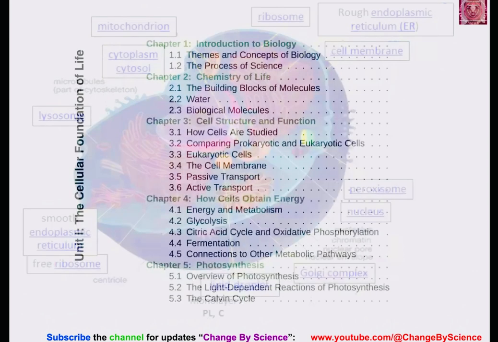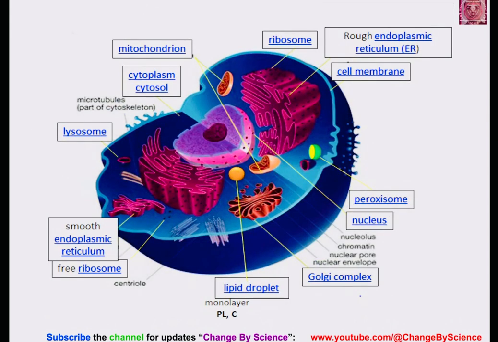Now, if you think about the first unit, then you need to go for introduction to biology, chemistry of life, cell structure and function, how cells obtain energy, photosynthesis, and then you need to understand the cells. For example, what are the cellular organelles, their different names and definitions.